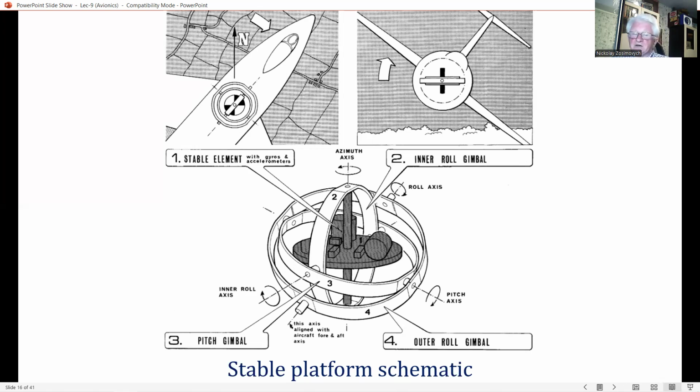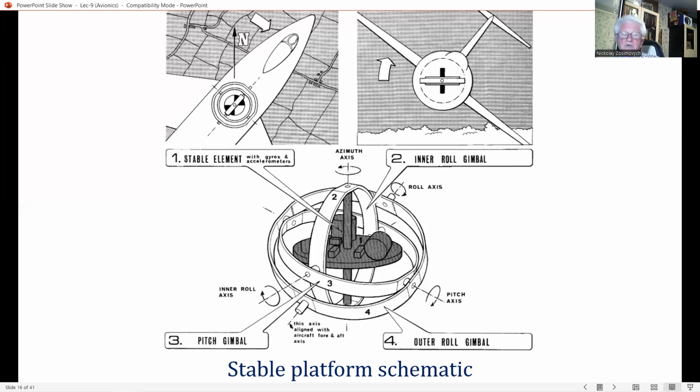The gyros then control the gimbal servos so that the platform maintains a stable orientation in space, irrespective of the aircraft maneuver. Angular position pick-offs on the gimbals then provide a direct readout of the Euler angles. A typical stable platform is illustrated here in this slide.